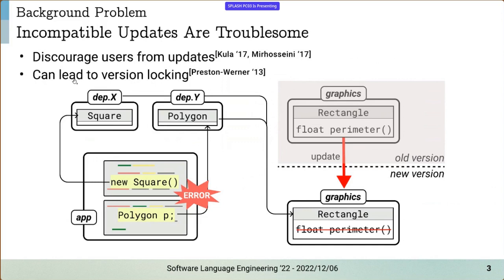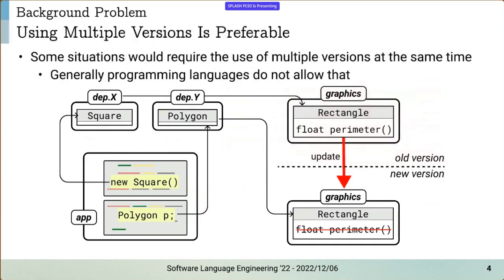And this has been shown to actually discourage users from even maintaining and keeping their program up to date with the latest dependencies. And in such an example, there are certainly situations where it would be better for us to actually be able to use multiple versions of our dependency, especially if we can keep them safe within our own program.